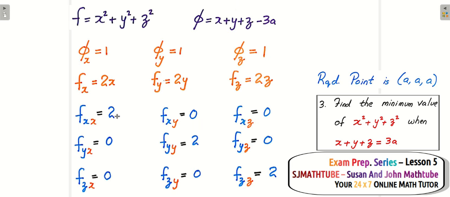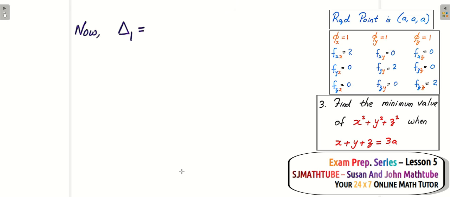The good news is we don't have any variables here, so it's going to be very easy. So I hope you still remember how to write delta 1 in a very easy manner. Look at this. You write 0 as the first element. Then focus only on this much part.